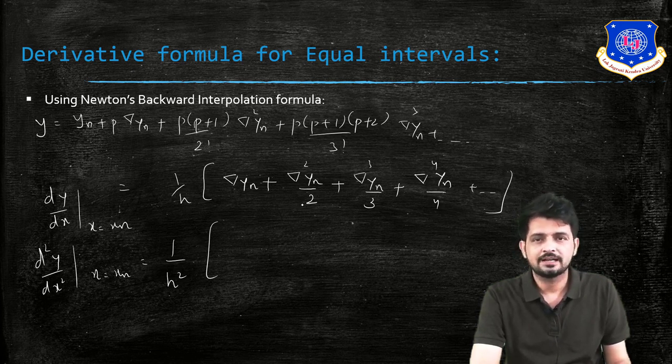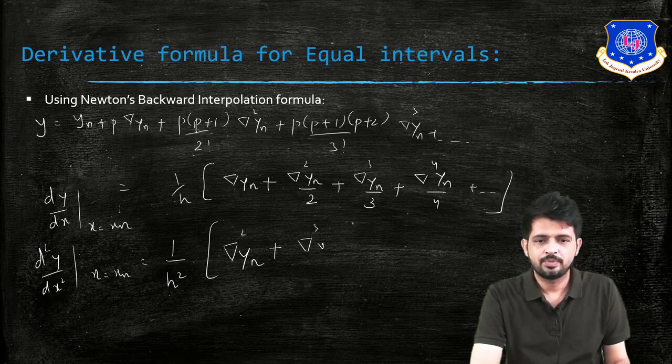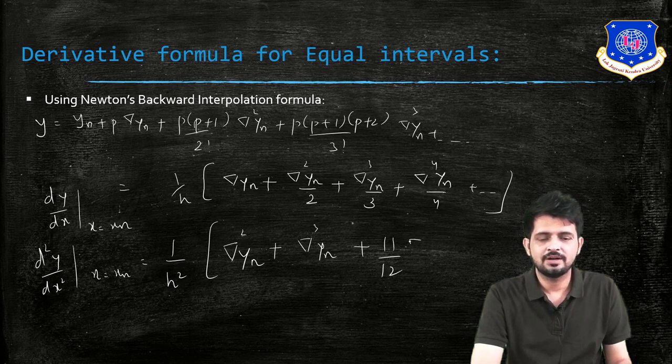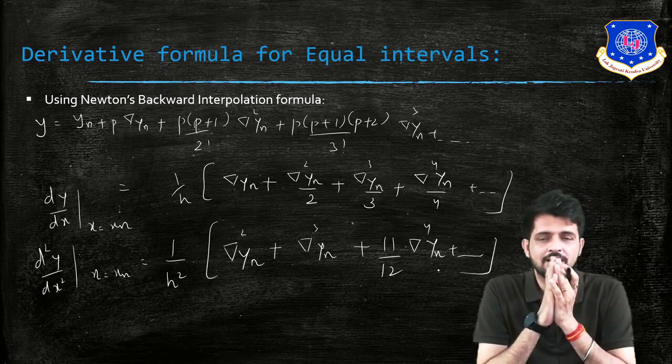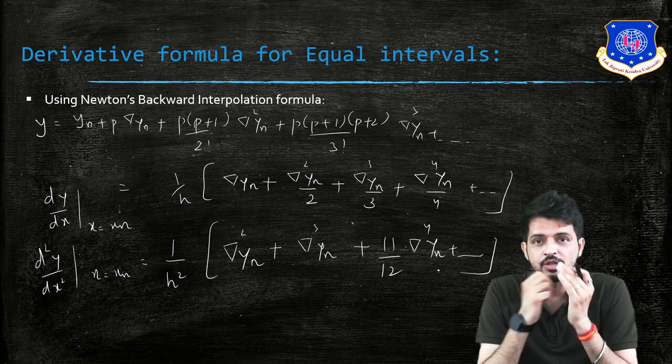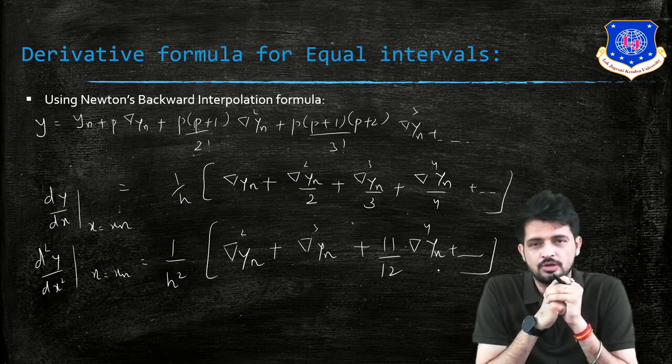You can directly remember the formula. Okay. Here we have to start from the second order difference, so nabla square yn plus nabla cube yn plus 11 by 12 into nabla raised to 4 yn and so on. So these are the two formulas that can be derived with the help of Newton's backward interpolation formula.